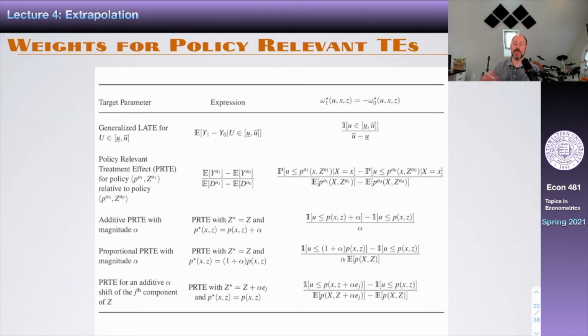That's what you gave. You care about whether you actually gave the individuals the medicine. You don't care so much about whether they took the medicine or not. Whereas here you can ask a wider variety of questions. Two that you're going to see sometimes are shifting the propensity score additively or multiplicatively, to explore this type of policies.